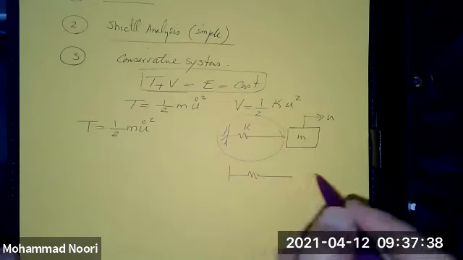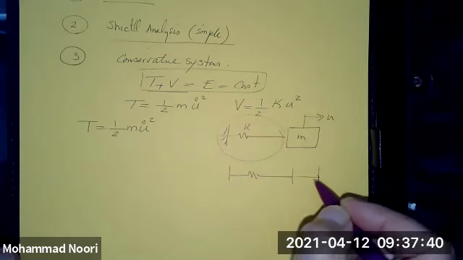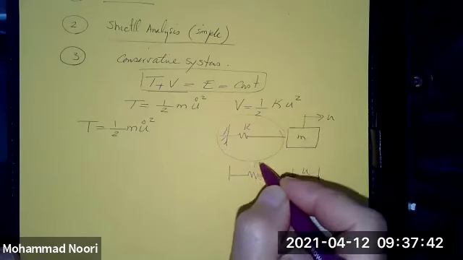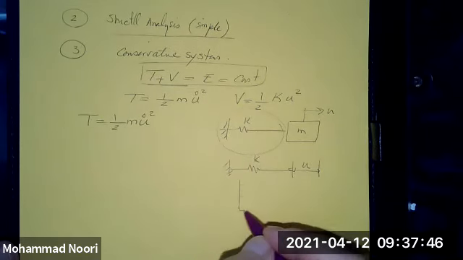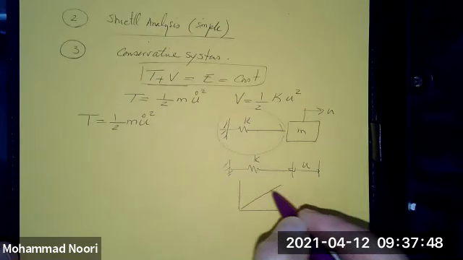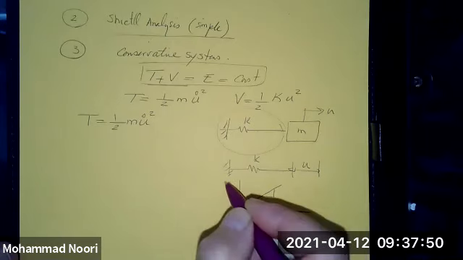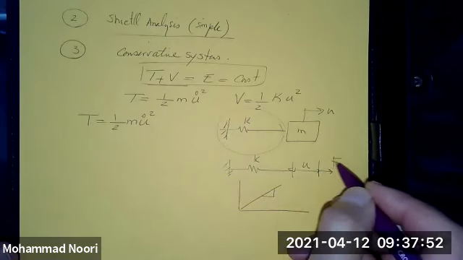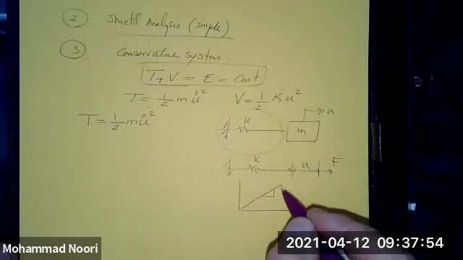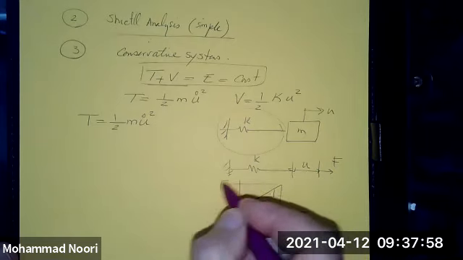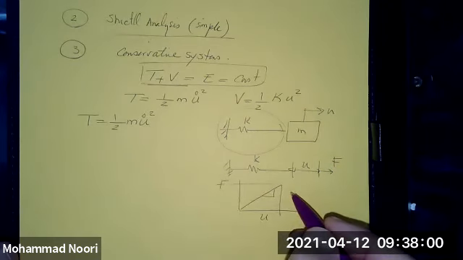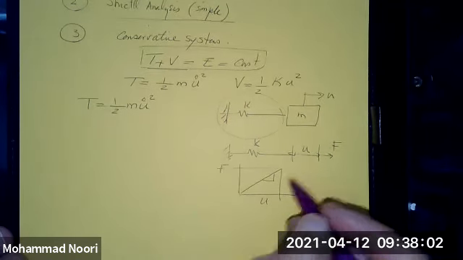So if this spring is experiencing a displacement u, and obviously this is a linear spring, if you have the force applied to this and it goes through a displacement u, what is the strain energy or the potential energy of this spring?